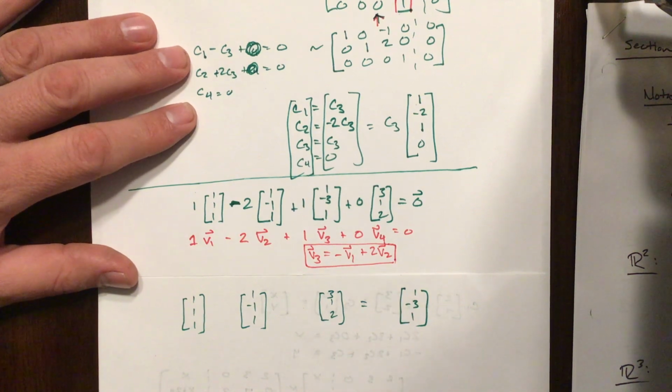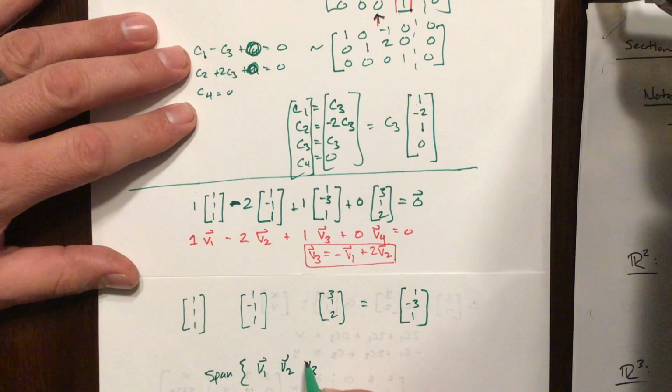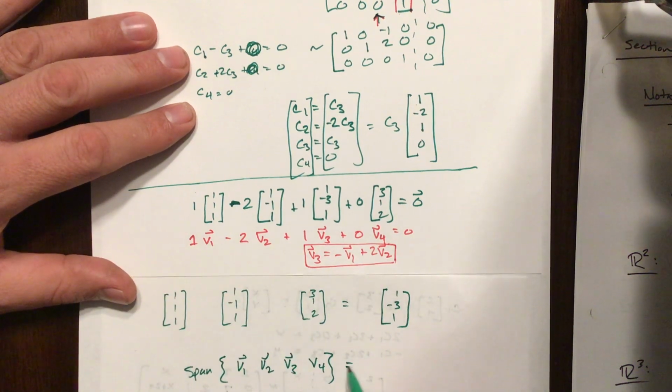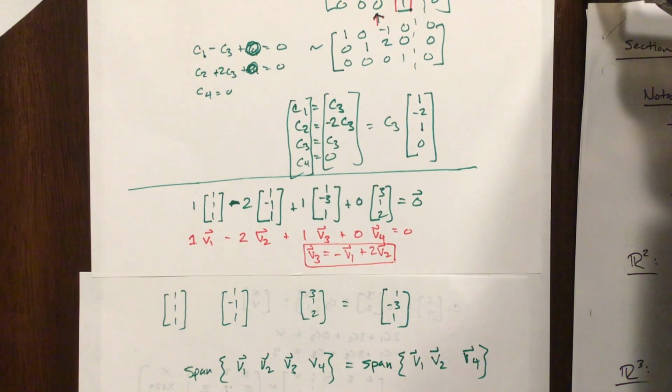So when you look at the span of V1, V2, V3, and V4, you can say that's the same as the span of V1, V2, and V4, because V3 is dependent on vectors V1 and V2.